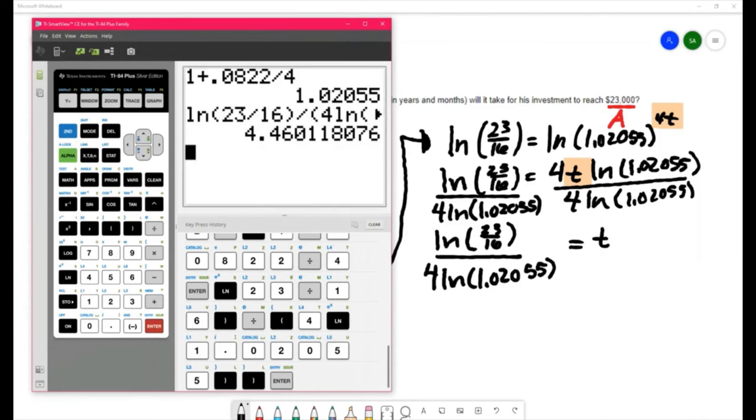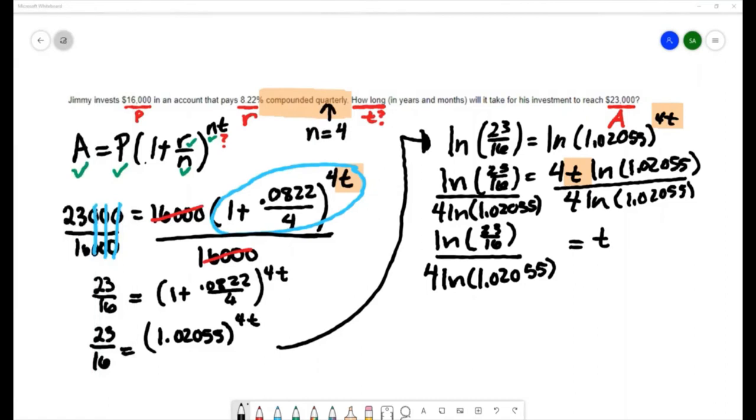And so here is my value for time. That's 4.46011, a few more decimal points there. So let's write that down. We have that our time is 4.460118076.